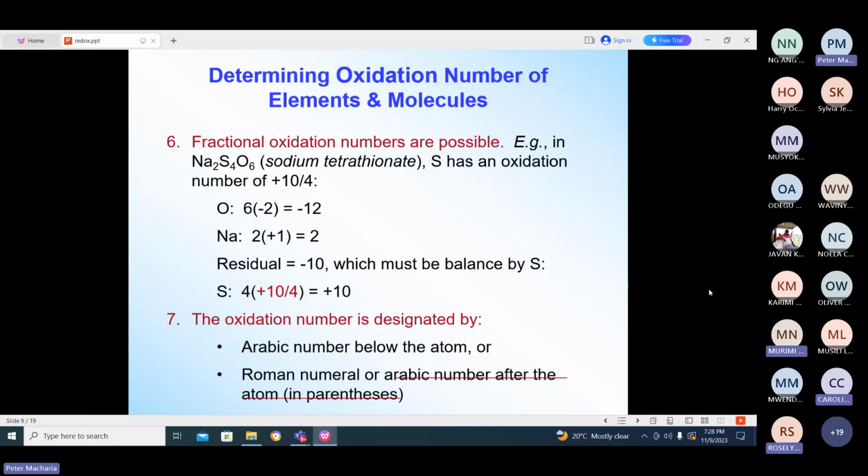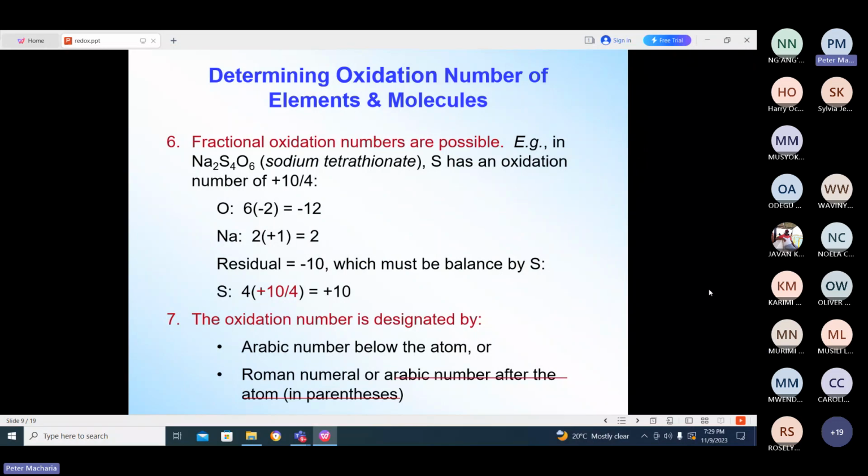CO3 negative 2. So meaning 1 carbon and 3 oxygen, the net is equal to negative 2. So if we are to write an algebraic equation, it will be 1C plus 3O is equal to negative 2.